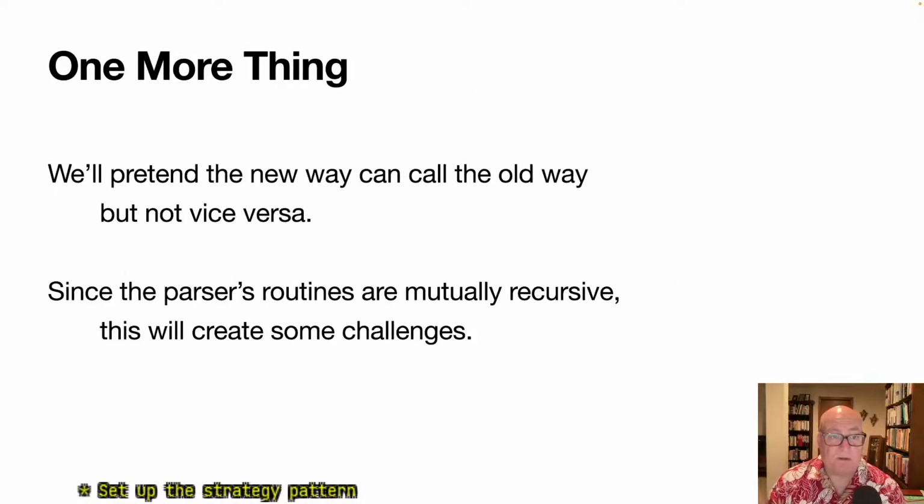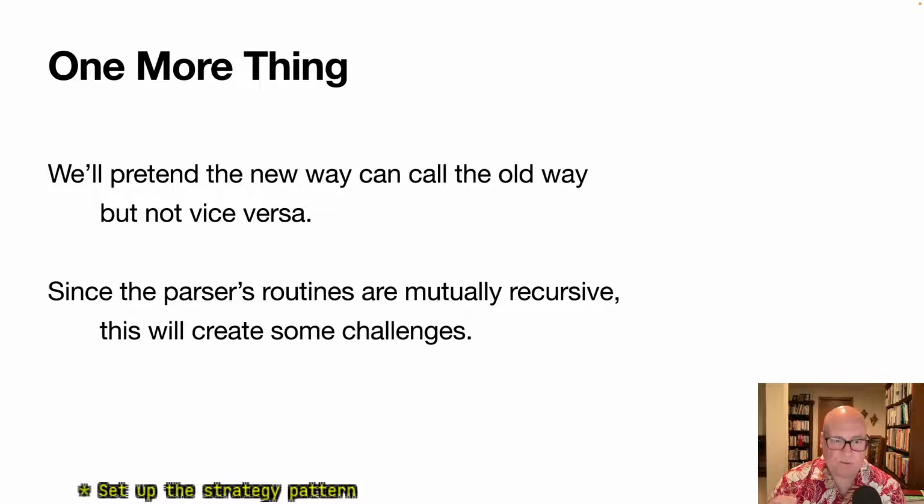Yeah. So, all right. Now, we're going to add another restriction to this, just to kind of simulate something that can happen in real life. It's not the case here, but we're going to pretend that the new way can call the old way, but not vice versa. So our new parser will be allowed to call the old parser, but the old parser can't call the new one.